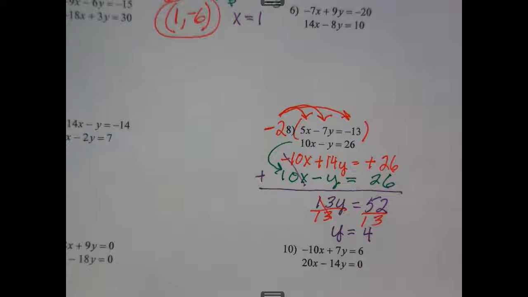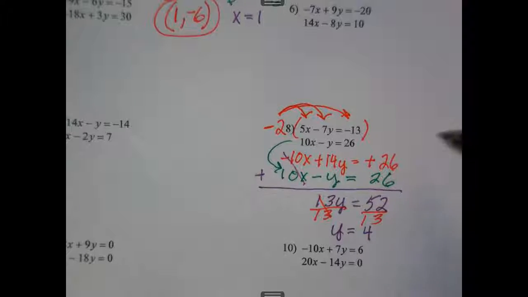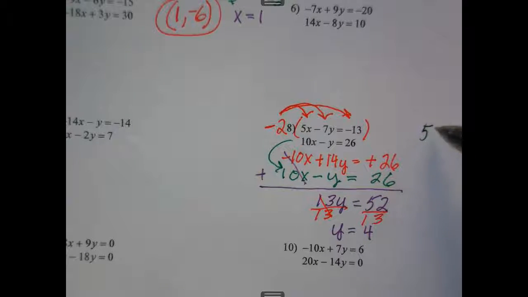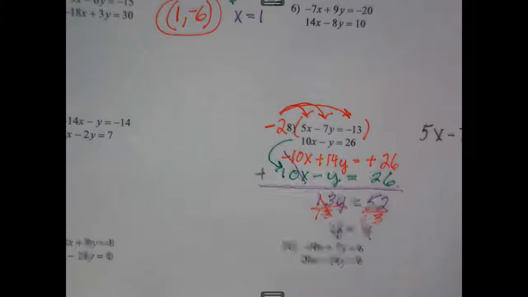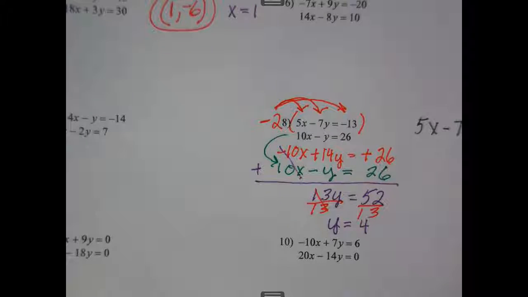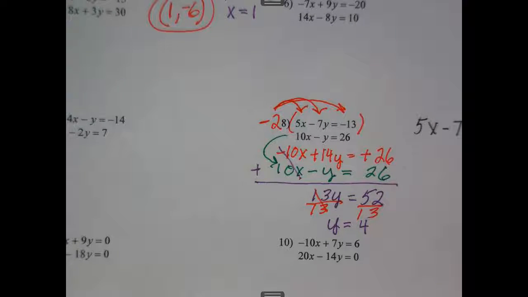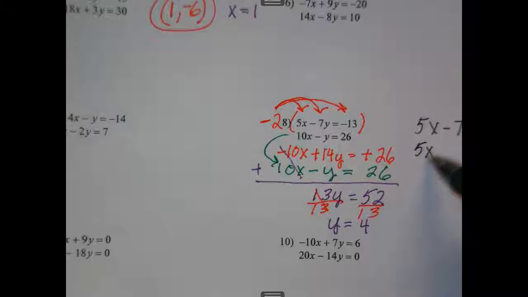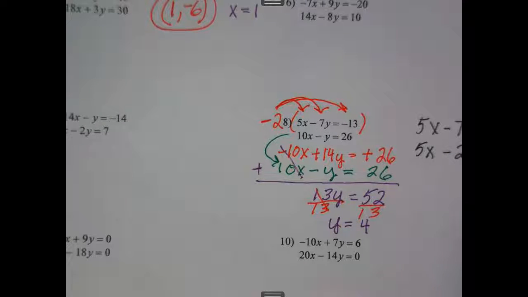Okay, go back and pick one of your originals. The 5x minus 7 and the y I have figured out, so I'm going to put parentheses there, equals negative 13. My y is positive 4. And I have 5x minus 28 equals negative 13.